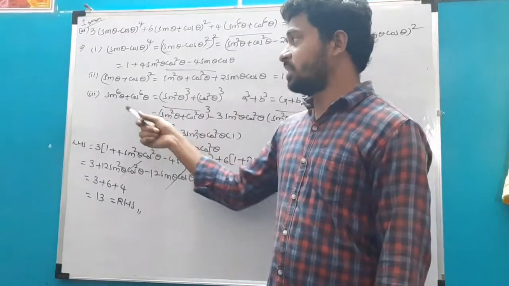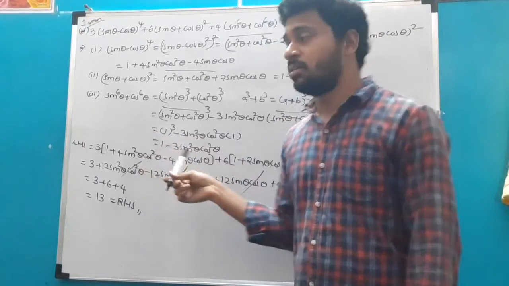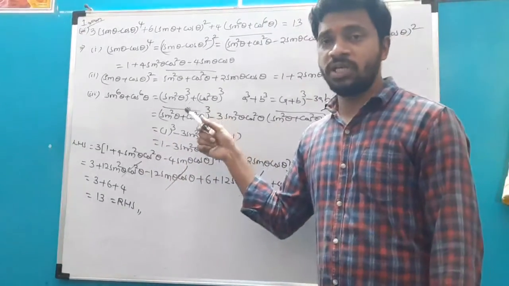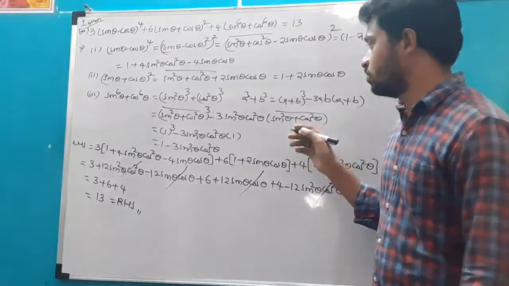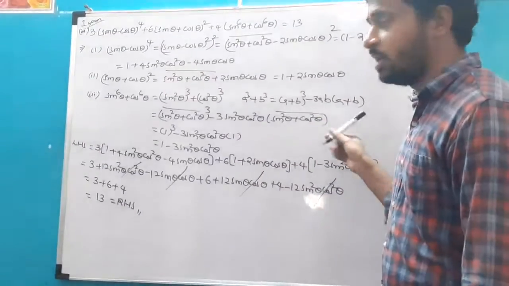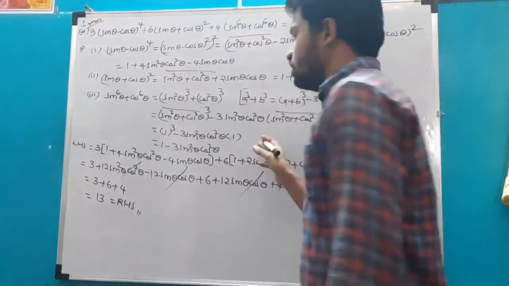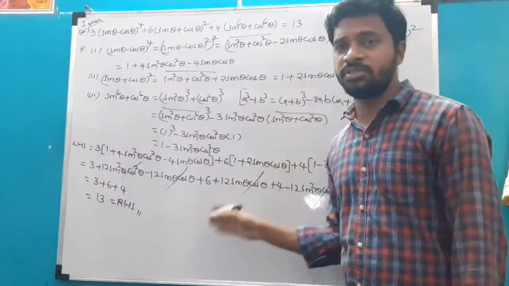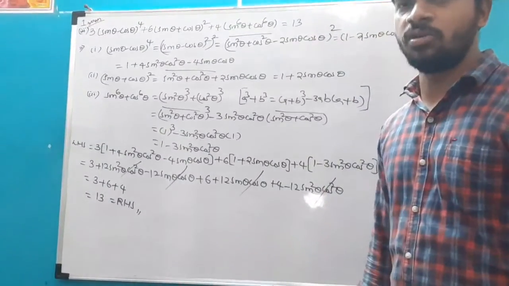This next third one, sin to the power of 6 theta plus cos to the power of 6 theta, we are converting into the form of a cube plus b cube. What is the formula? (a plus b) whole cube minus 3ab of (a plus b). This is the formula. And doing the simplification after finding the three terms, substituting in the question here, we got that it is equal to 13.